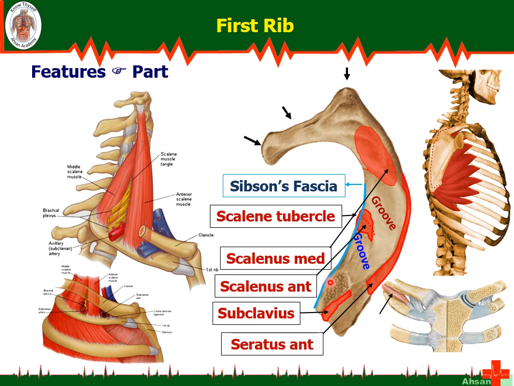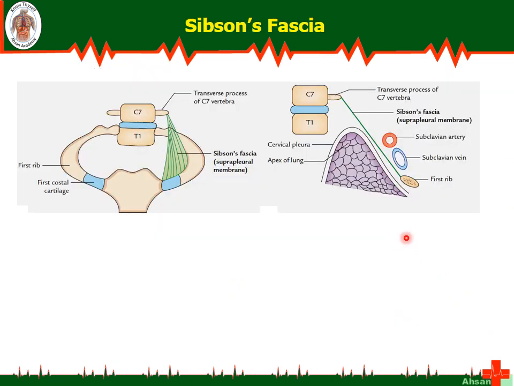If you go to the internal border now, you can see that this area provides attachment to Sibson's fascia. We will discuss the details of Sibson's fascia in the next slide. This is a very tough connective tissue sheet. Look at this. This is the first rib, and this one is the first thoracic vertebra. The posterior end remains attached here.